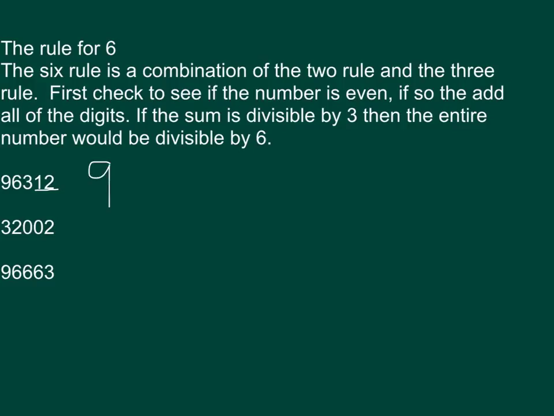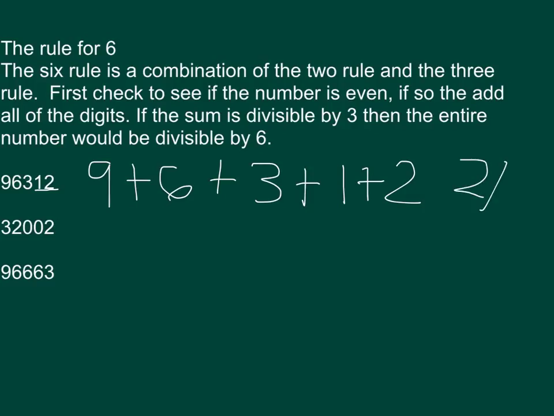So let's see, what's 9 plus 6 plus 3 plus 1 plus 2. All right, so 9 plus 6, that's 15, plus 3 is 18, plus 1 is 19, plus 2, oh, that's 21. And we just discovered from last slide that 3 can in fact divide into 21, so that works. It's even, that works. So yes, this whole number is checked divisible by 6.